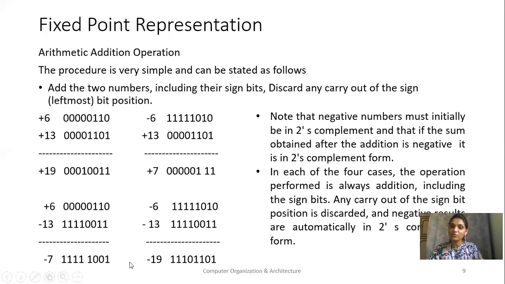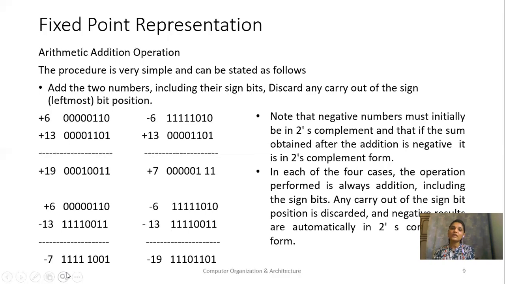That means you get 1 in the MSB, which shows that this result is negative and represented in 2's complement form. To find the original number, you have to take its 2's complement a second time. That means you complement this number and you will get 19, with a negative sign, because in the summation form we are getting the MSB as 0.